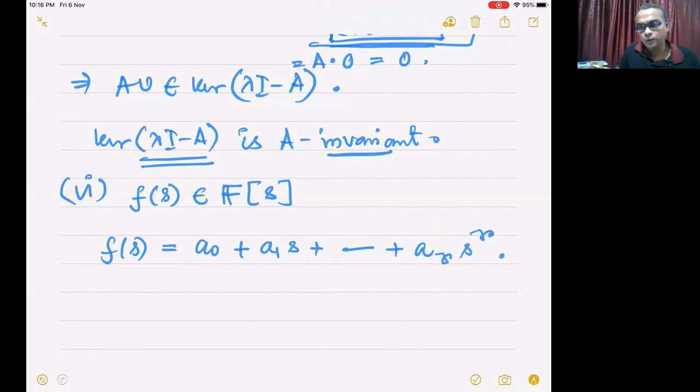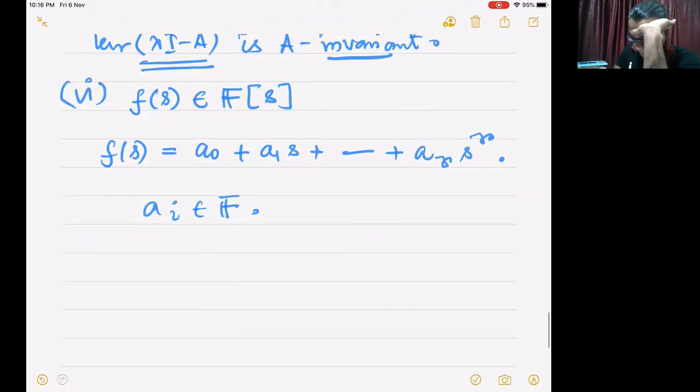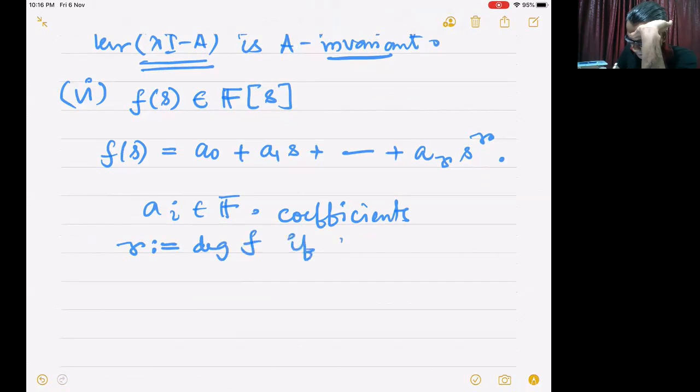Here's a typical polynomial where these numbers ai come from F, from the field. s is some variable. These are called coefficients. r is defined to be the degree of this polynomial f if ar is not equal to 0.